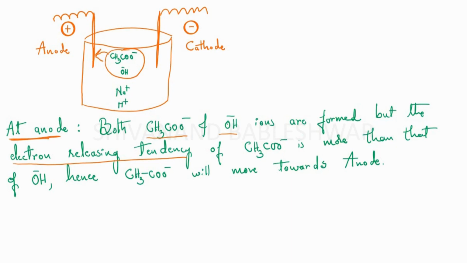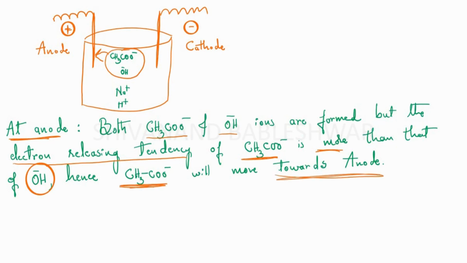Anode is positively charged, so therefore they have to release electron there. So therefore we can see that the acetate anion has a greater tendency to release electron than that of OH minus anion. Hence acetate ion will be moving towards anode.